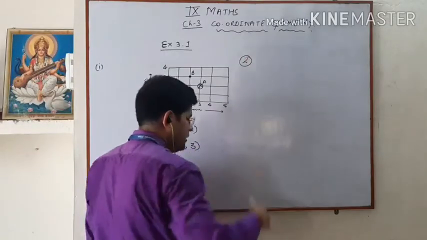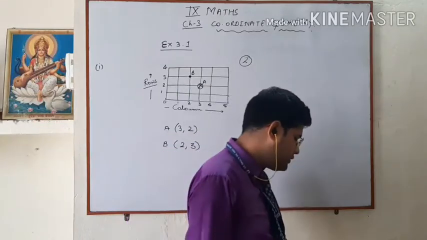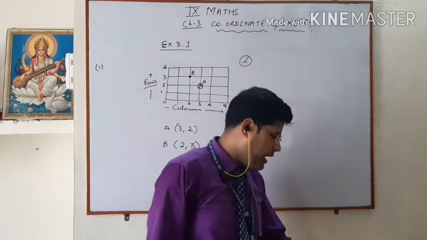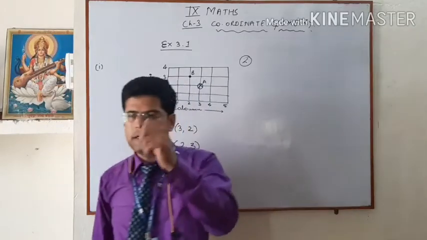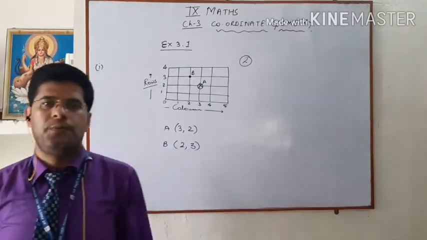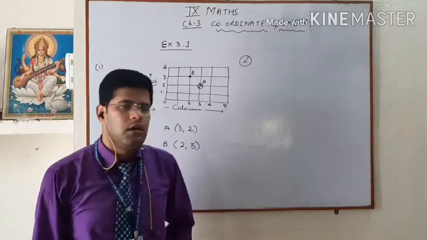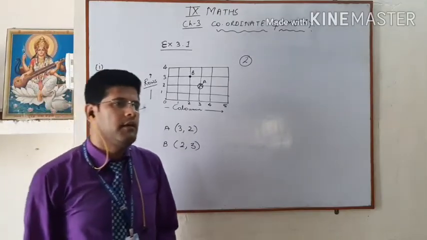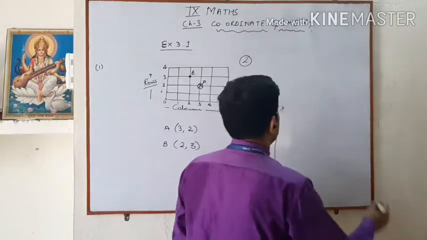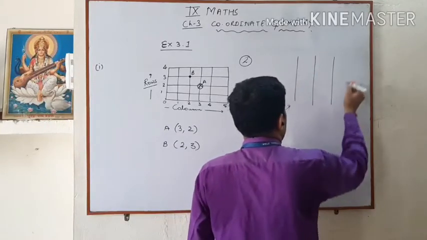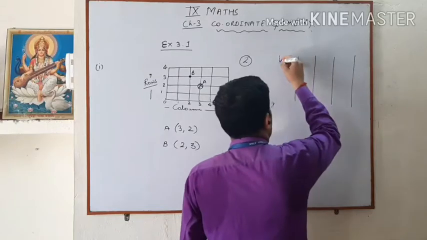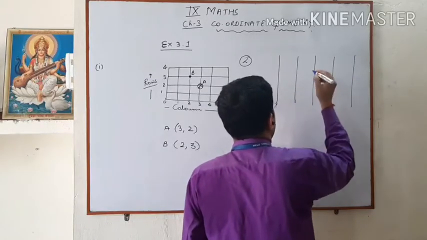Now the second question is the street plan. If you have 2 main roads in big cities, in metropolitan cities such as Delhi, Bangalore, the city plan is made like this. Some streets are in the north-south direction.